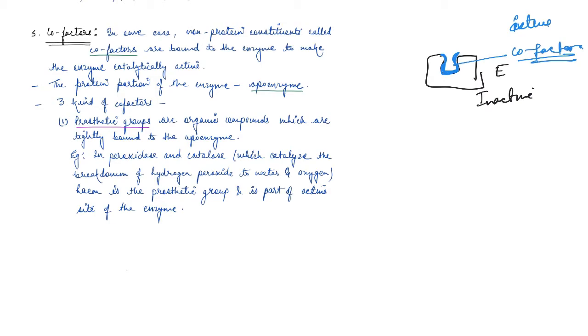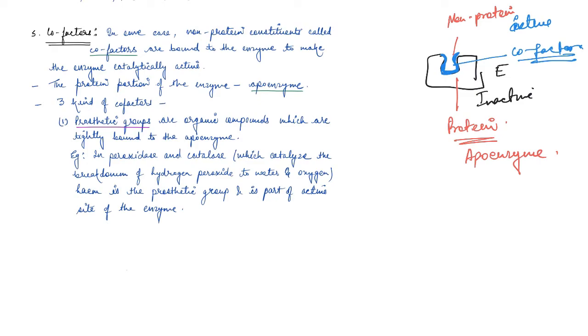So these cofactors are basically non-protein constituents present in enzymes. Now in this case, this portion is non-protein and this portion is protein, right? So this protein portion is known as apoenzyme.